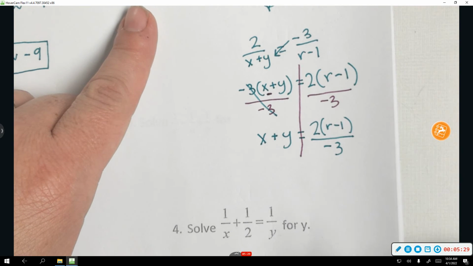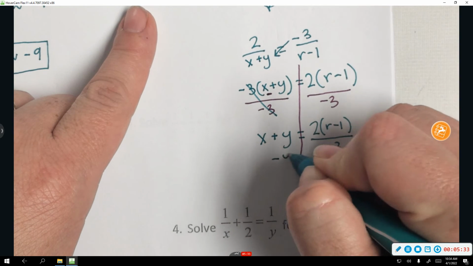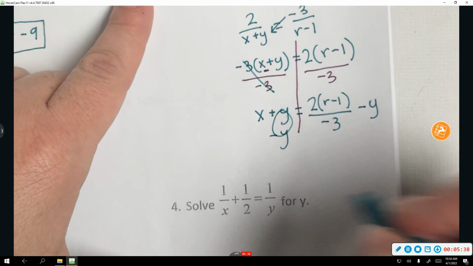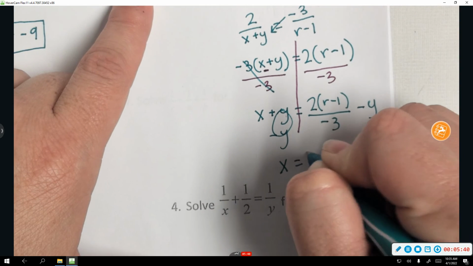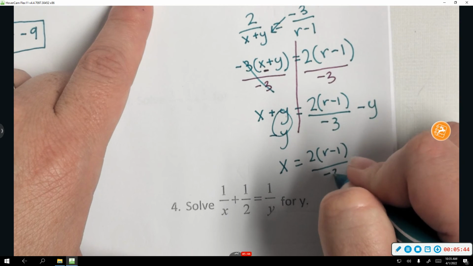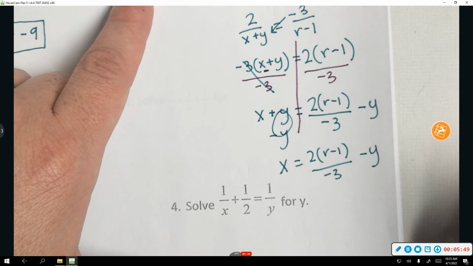And what's still next to my x? A y. How do I get rid of plus y? Now x is alone. There's your answer. And I had somebody last period ask if they could simplify this by multiplying, and you can, but does it change anything? No, so is it worth it? No.